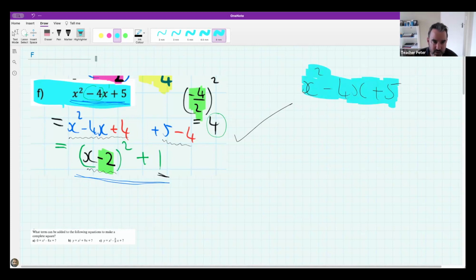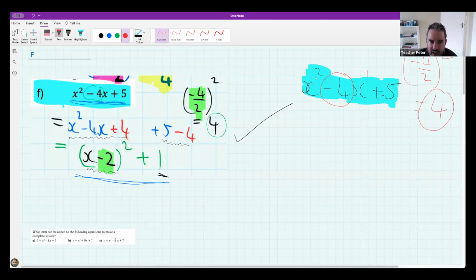Now, the completing the square process has us focus on the number in front of the x, or the term with the power of 1. If I focus on that, that's minus 4. What is minus 4 divided by 2? Well, it's going to be minus 2. But we need to square that, and that gives us the magic number, which is 4.